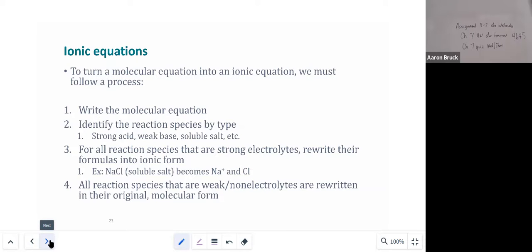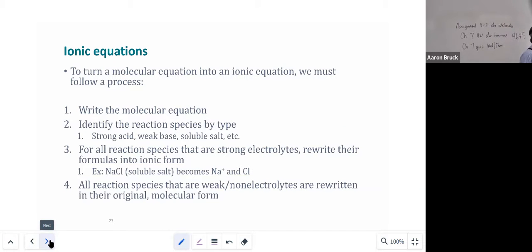Which is why we had that assignment 8.1 over the weekend. Which is why we're doing the solubility rules proficiency on Friday. You need to know how to do these things, how to evaluate in a snap, so that you can properly make the ionic equations. And there's some other little tips and tricks that come along for the ride as we go.